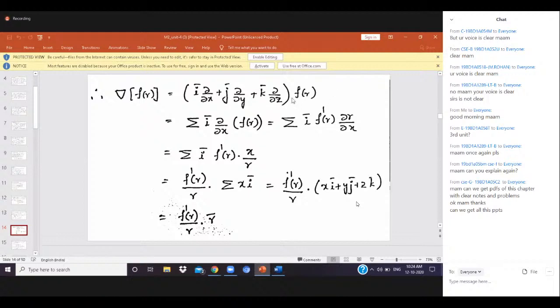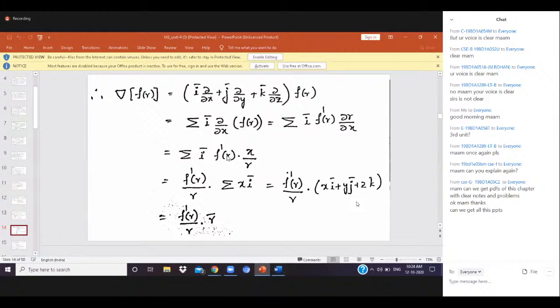So for the gradient of a function, the first derivative of f, symbolically, that is in summation form, we are writing i bar into dou by dou x of f of r. Now applying the gradient of a function, we will get f dash of r into dou r by dou x, but the dou r by dou x value is x by r.